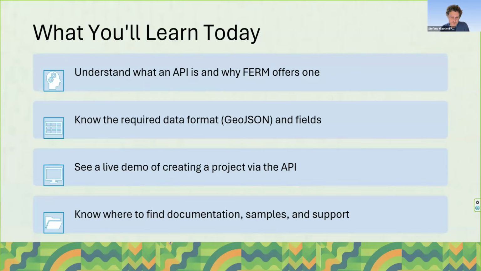After that, I will go through a live demo to show how to create a project through the API, including authentication and validation. And finally, we will go through the documentation, sample files, and support resources, so you can continue working on this right after the session, hopefully. Next slide, please.